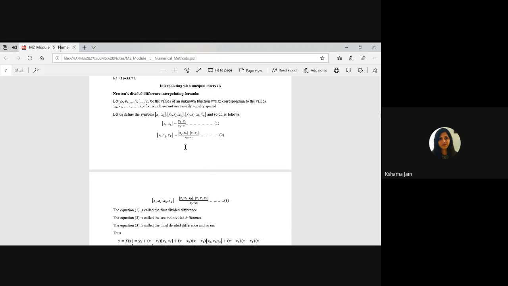Then just see this formula, [xi, xj]. Xi, xj means any two consecutive values. This method is called Newton's divided difference interpolating formula. Divided means we'll take division; here we will take the help of division.